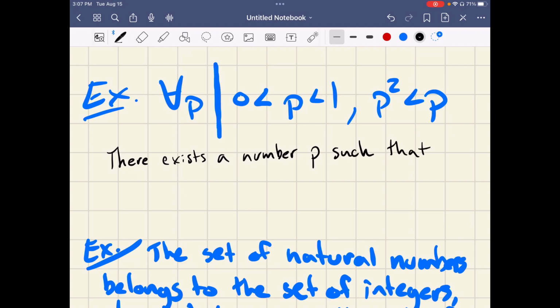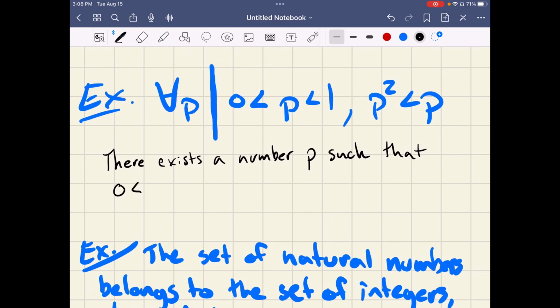Again, you could write it all the way out in words with the less than phrase between each of those, or you can just say there exists a number P such that 0 is less than P and P is less than 1, where P squared is less than P. All right, hopefully you got that.